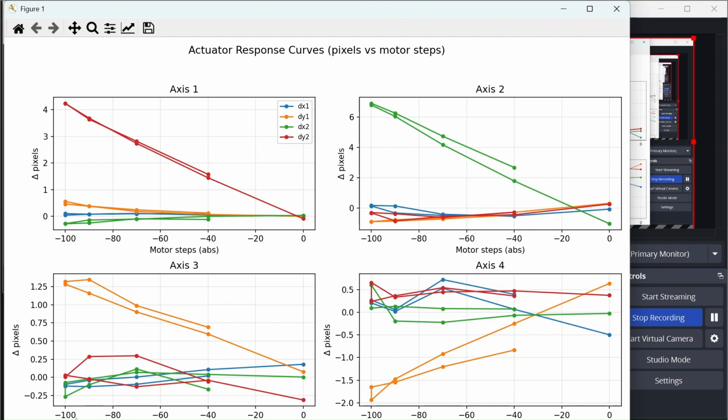And yeah, this is all then processed down into a Jacobian. A Jacobian is just a matrix that contains linear elements, and these linear elements can then transform errors into actuator commands, because the relationship between the two, the errors and the commands, is non-linear.